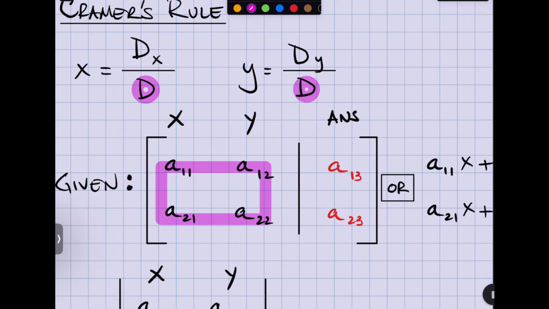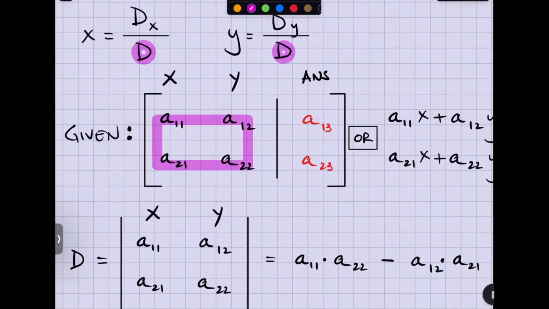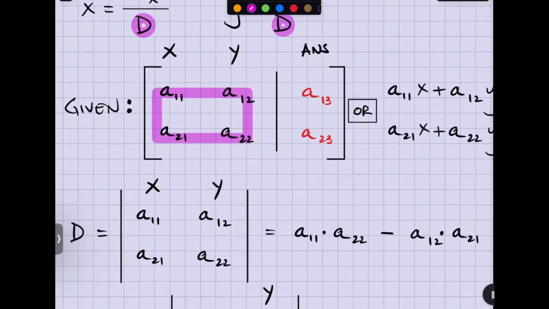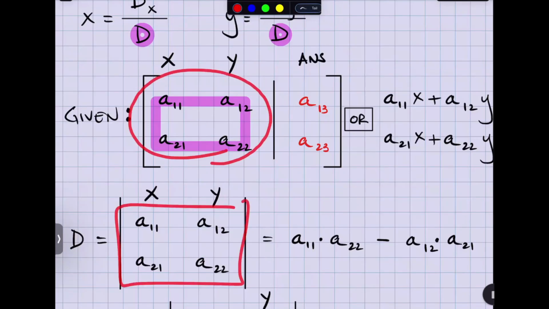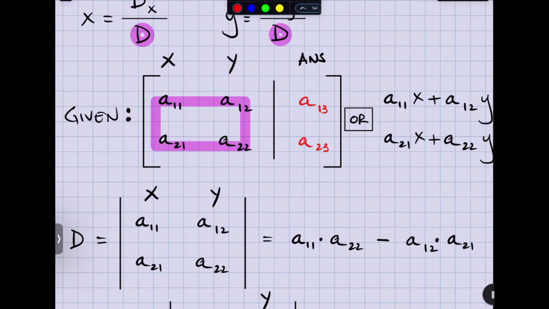And that is what I'm showing right here of how to find D. Notice that these 4 are in here, and that is just to find D, which is this times this, the major diagonal, minus the product of the minor, or the other diagonal.